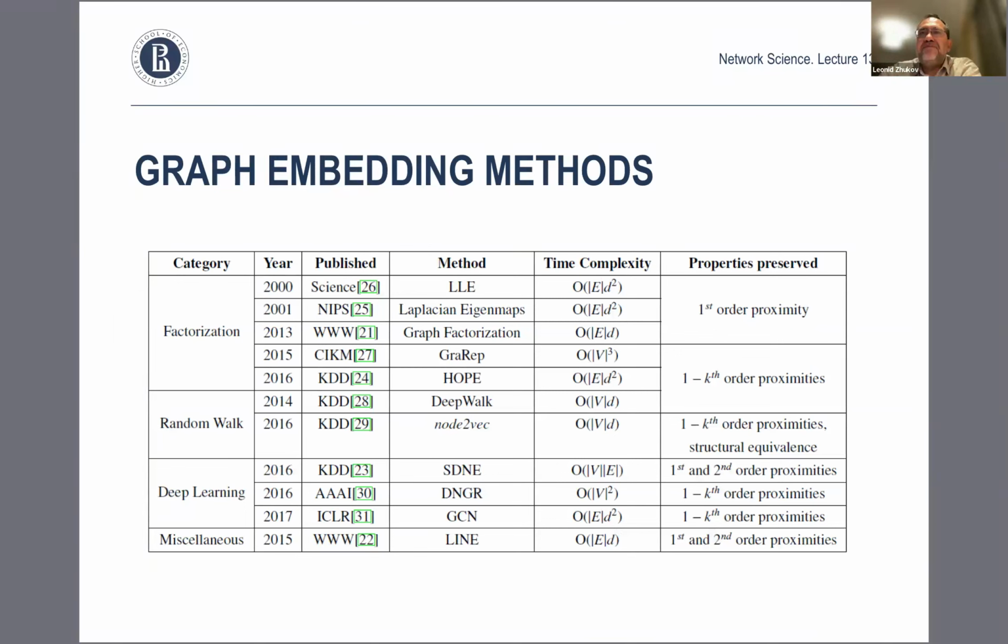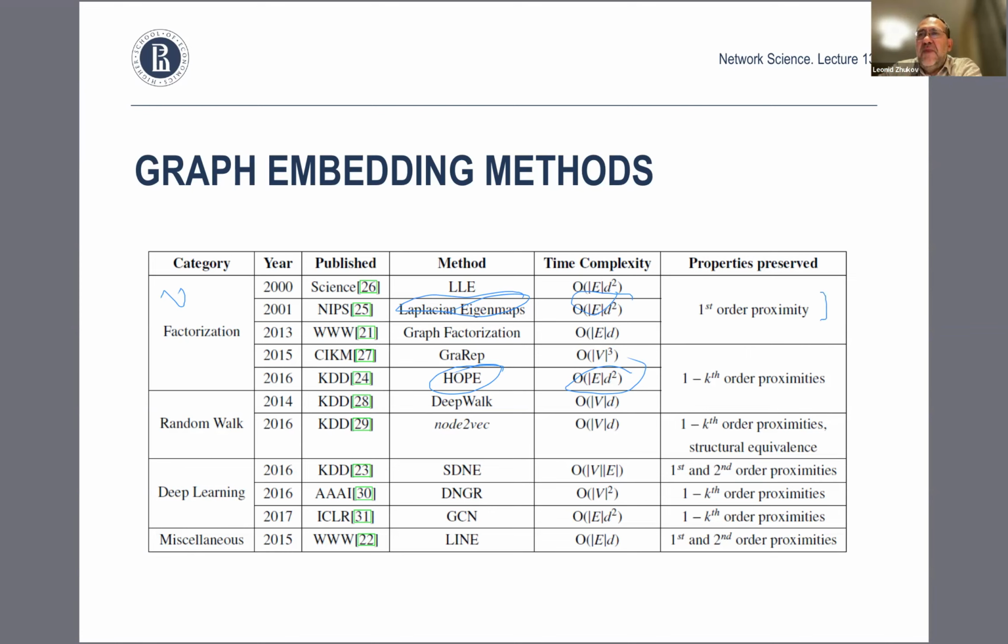So to sum up, we looked today at several methods that allow us to do graph embedding, which means finding a high dimensional representation for a node. We looked into factorization methods dealing directly with matrices, and we talked about Laplacian eigenmaps and the Hope method. They have similar time complexity proportional to the number of edges, but they differ in the information they collect from graphs.